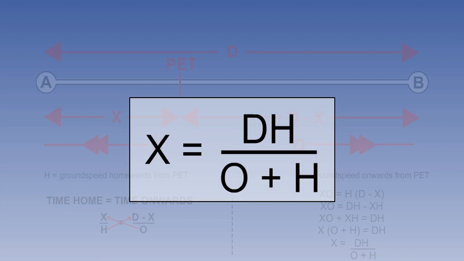We put it in to demonstrate that the equation is based on good logical algebra and is correct. But whether you remember that part or not, you must be able to recall the result, which is that x equals dh over o plus h. This is the starting point for all point of equal time questions.